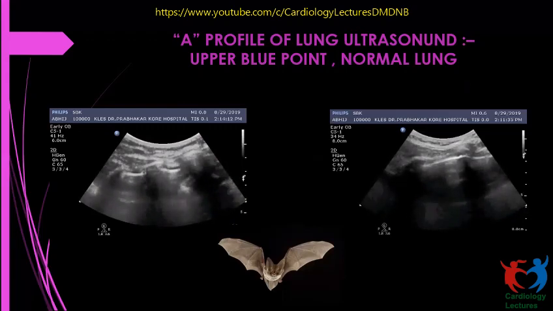Again, I have shown a picture of a bat there. Just compare the bat's wing with the rib shadows, and between the 2 rib shadows there are the parietal and visceral pleura rubbing against each other. In the second picture there is a little less lung sliding. In the first picture, the moving image, there is proper lung sliding, and you can see the A lines between the 2 ribs. They are quite equidistantly placed.